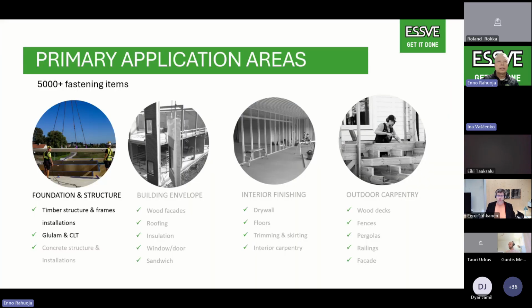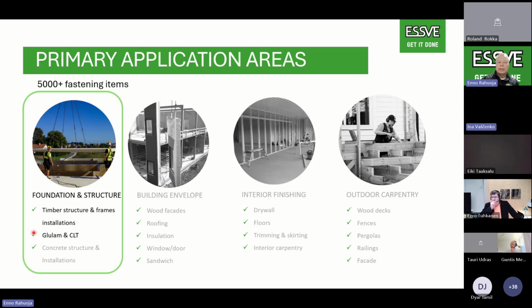So this is a little bit about us, then about our product range. We have foundation and structure, building envelope, interior finishing area, and outdoor carpentry area. Today we would like to go towards the area called timber and glulam, CLT.